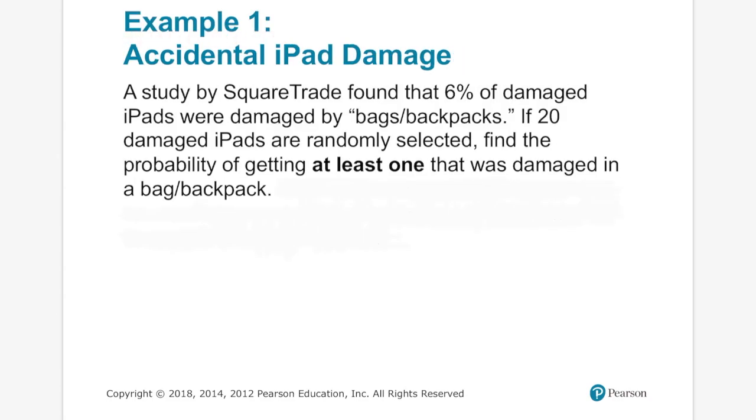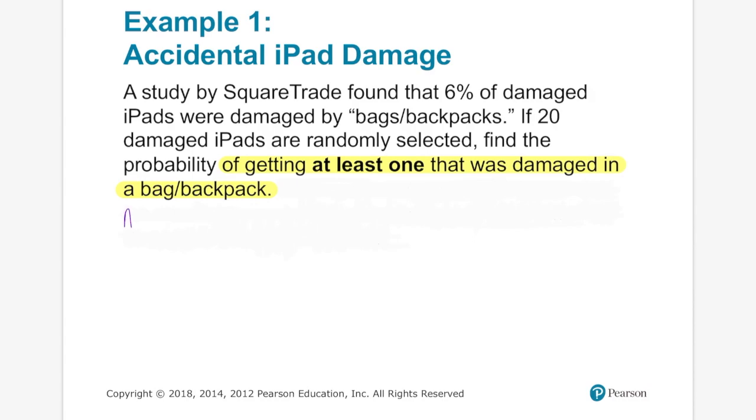Example 1. A study by SquareTrade found that 6% of damaged iPads were damaged by bags or backpacks. If 20 damaged iPads are randomly selected, find the probability of getting at least one that was damaged in a bag or backpack. I am looking for the probability of at least one. My event is getting at least one that was damaged in a bag or backpack.